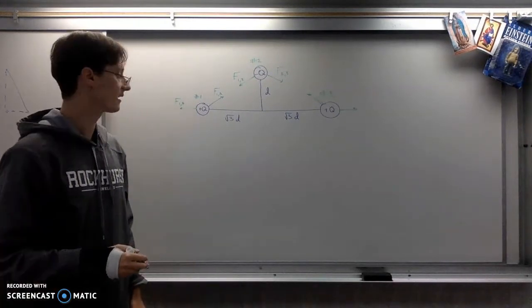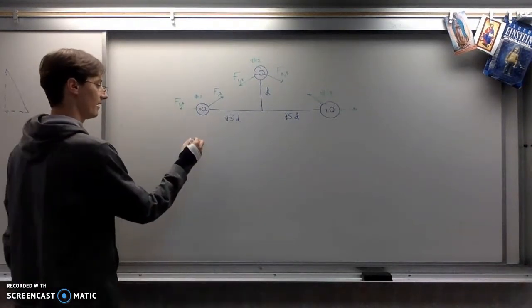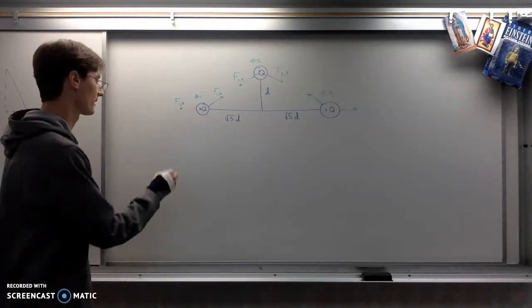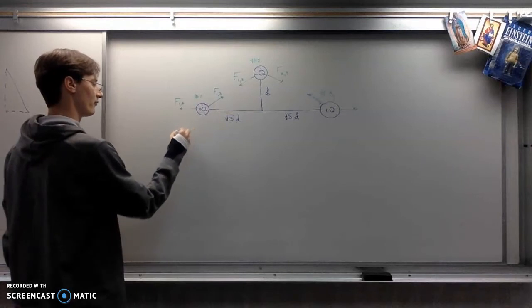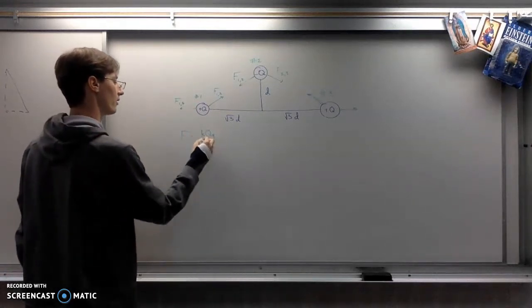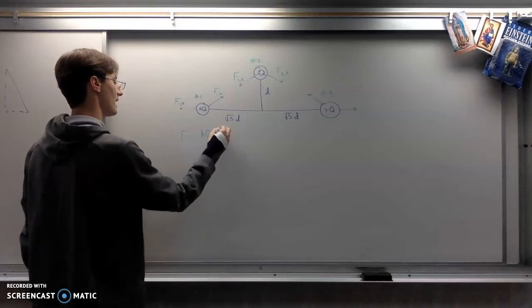Be that as it may, what we're going to do right now is start writing out expressions for each of those forces. The only equation that we've got so far this unit is F equals KQQ over R squared, R hat.